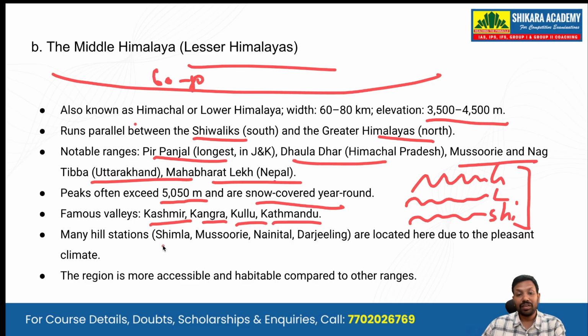Many hill stations are also there. One of the most beautiful places in the complete Himalayas will be in the middle Himalayas or lesser Himalayas: Shimla, Mussoorie. If you want to go here, read carefully. Nainital and Darjeeling are located here due to their pleasant climate. Yes, we have the best climate here, and the region is more accessible and habitable compared to other ranges.